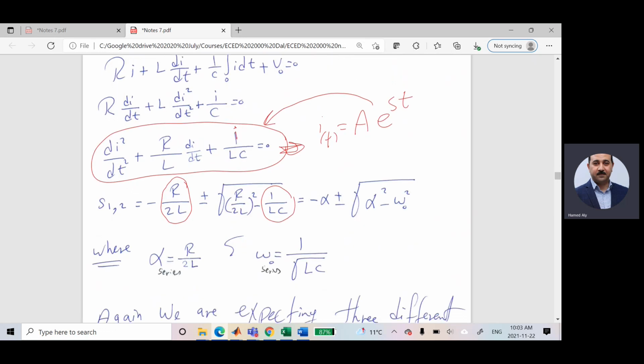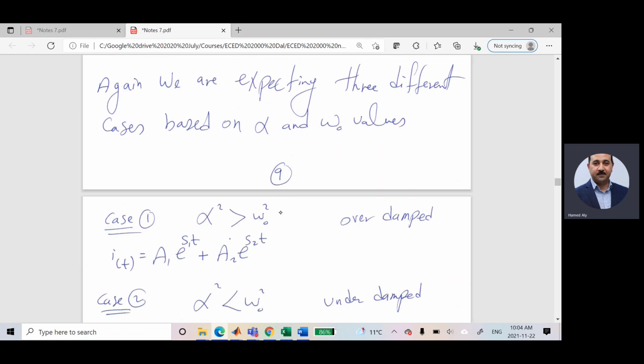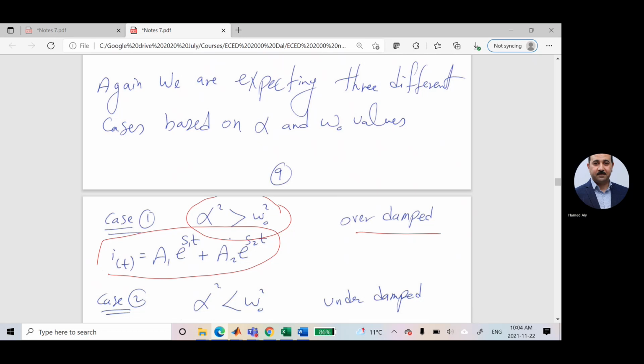Again, based on alpha and omega, I can say I have different solutions. If alpha squared is greater than omega o squared, I'm repeating what I did before, it is the overdamped case. Then i(t) is equal to A1 e to the power s1t plus A2 times e to the power s2t.